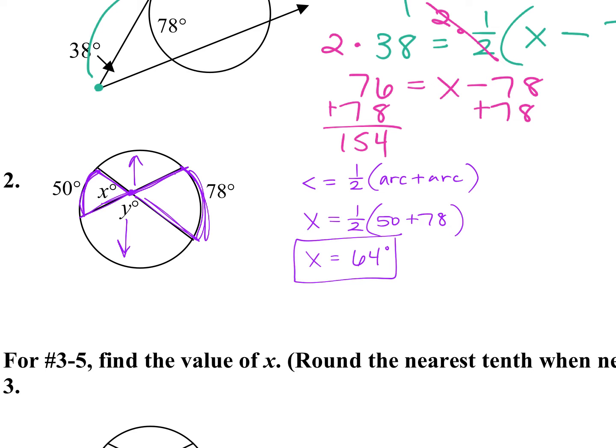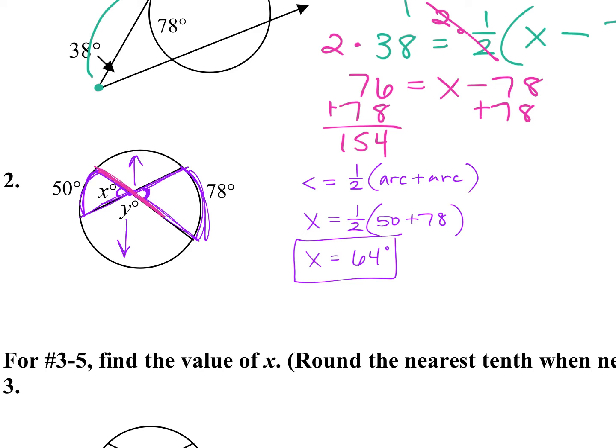How do you find Y? Wait, is X supplementary to the angle across from it? Or is it supplementary to the one across from it like this? Is that what you mean? So those are vertical, supplementary to Y, right? So this forms a straight line, right?